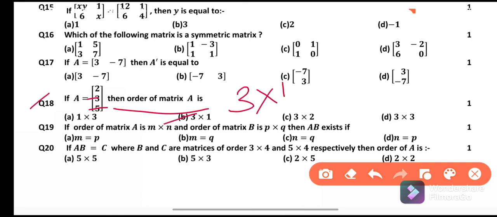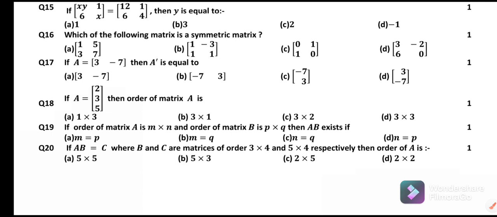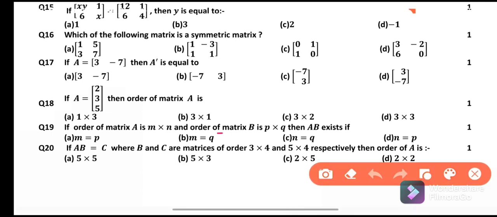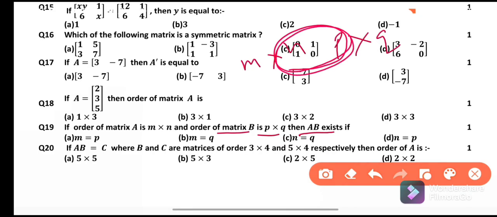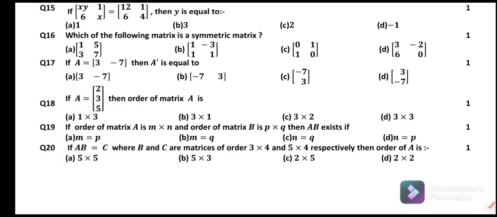If order of matrix A is M by N and order of B is P by Q, then AB exists if. Now AB exists if N is equal to P. So answer is D option.